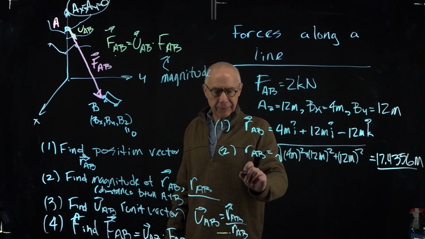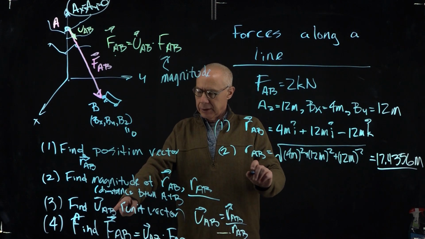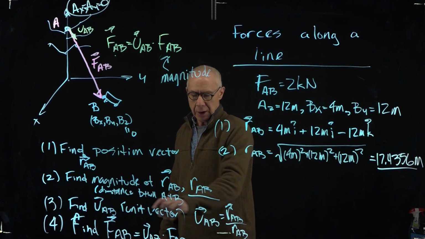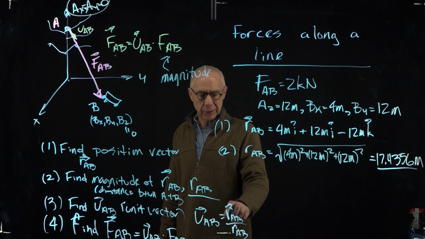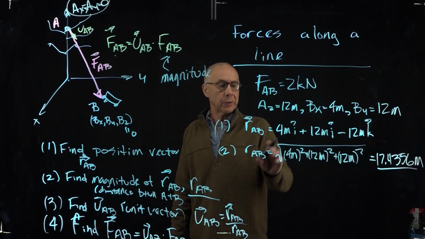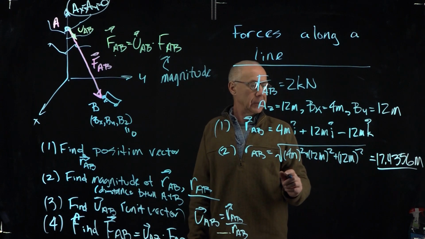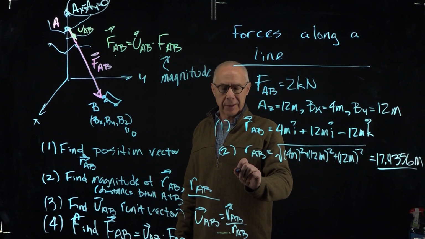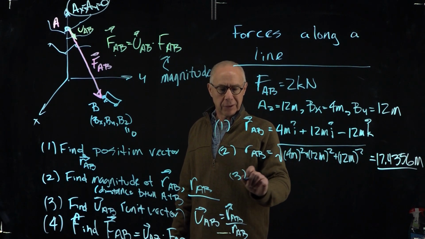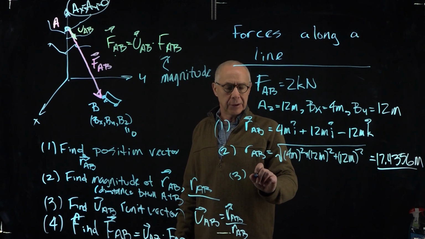All right, step 3, finding our unit vector, UAB, and it's just equal to the position vector divided by its magnitude. So we're going to take this result, our position vector, and we're going to divide it by 17.4356 meters. So here we are, step 3.